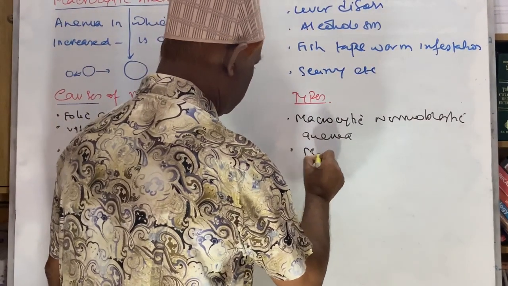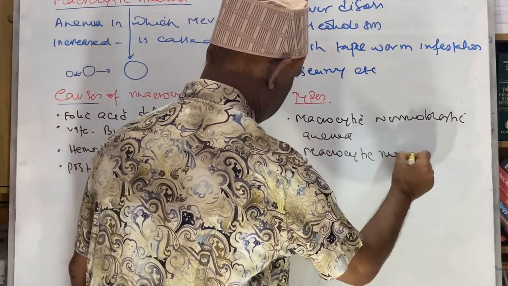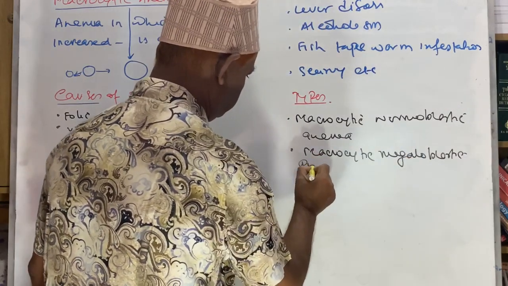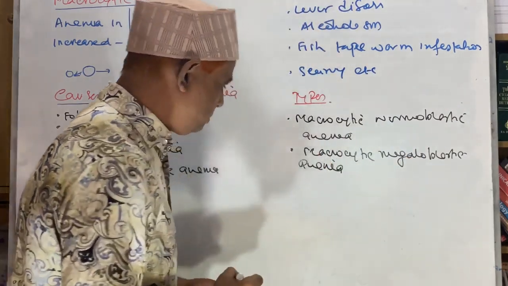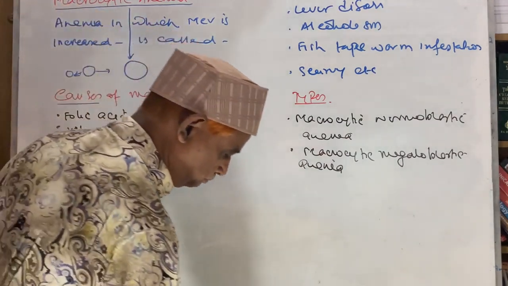So the types are macrocytic normoblastic and macrocytic megaloblastic.